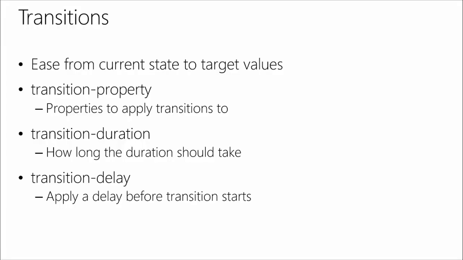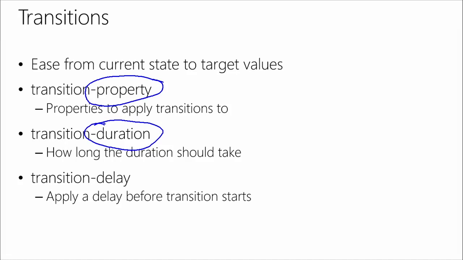So let's talk about how to add in a transition. If I want to add on that bit of animation, all I really need to do is simply say, hey, I want to add a transition to that property, and I want it to take that long. That's it.